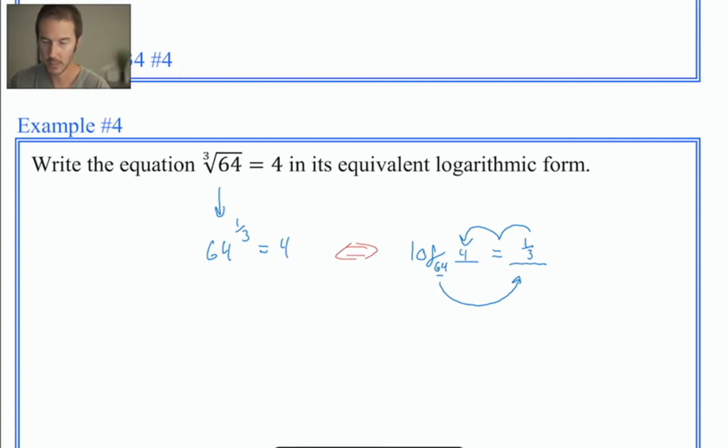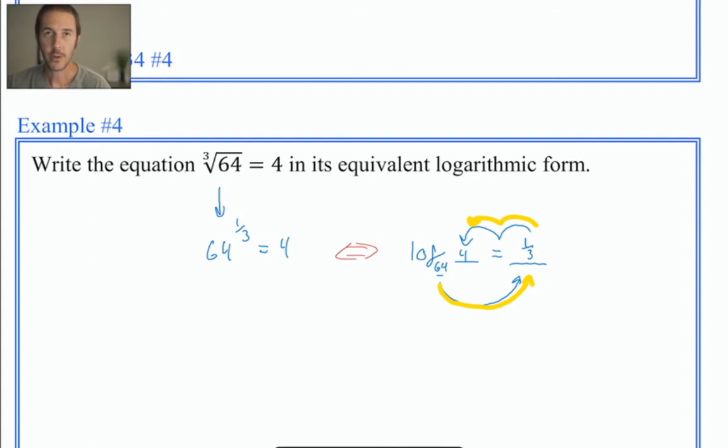Okay, and then let's see if it worked. Base to the power of, so 64 to the power of 1/3. Yep, I'm seeing that over here. Good. Equals 4. There it is, equals 4. So it looks good.